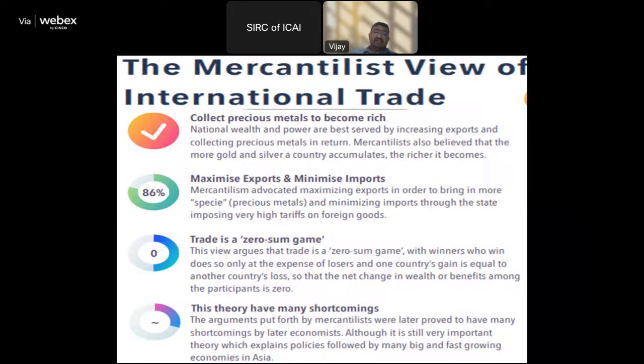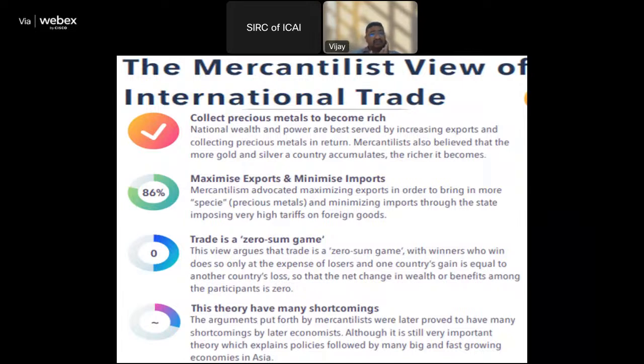One nation becomes richer, and another nation becomes poorer. One nation gains, another loses. +1 and -1 as a whole result in 0. That is what we call a zero-sum game.